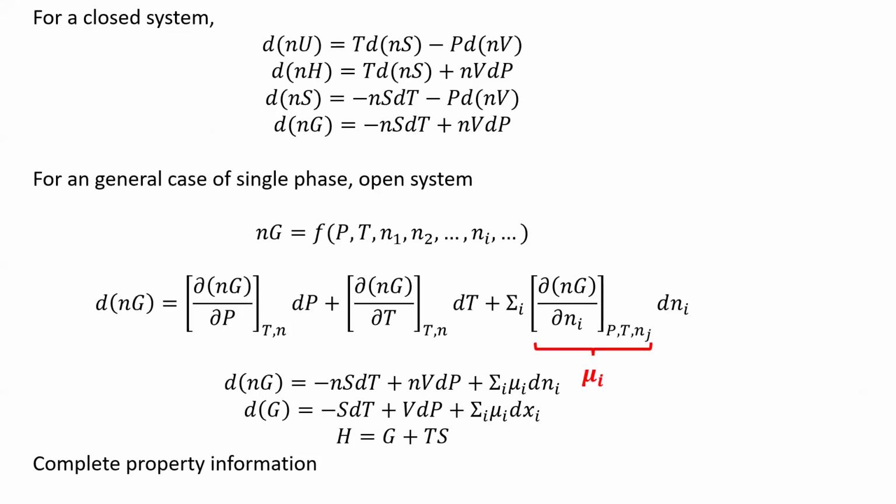So, till now we have learned initially what are the fundamental property relations for a closed system. And in the last week, we have discussed for an open system, not only with respect to pressure, any molar property changes with the composition of the mixture also.